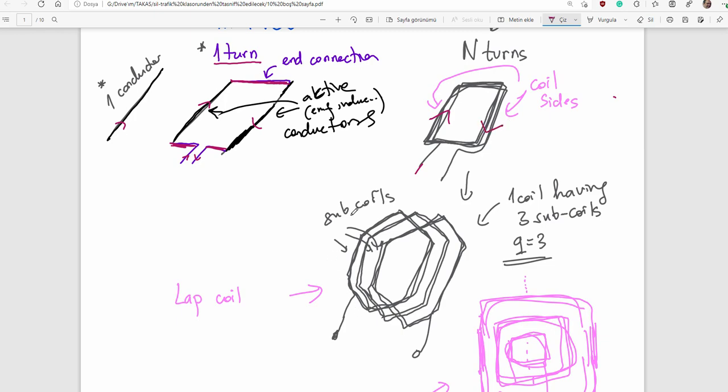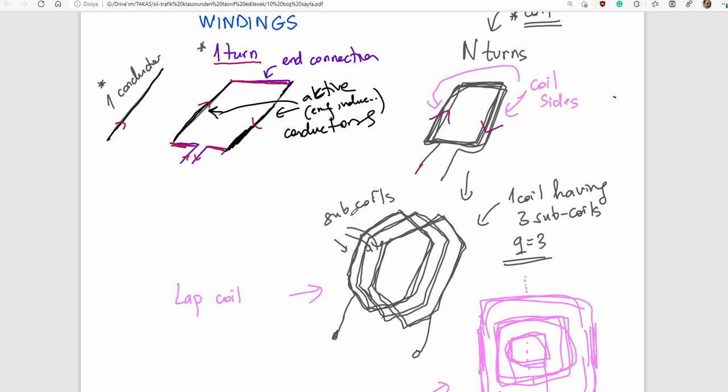Sometimes they induce EMF, and that induced electric power will be supplied to a load, and there is a current. Here you see 2 current directions, one upward, one downward. That means, let me say, A and A prime. The phase difference between A and A prime is 180 degrees because the currents are reversed.